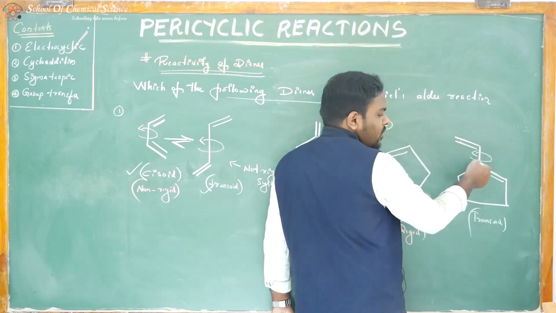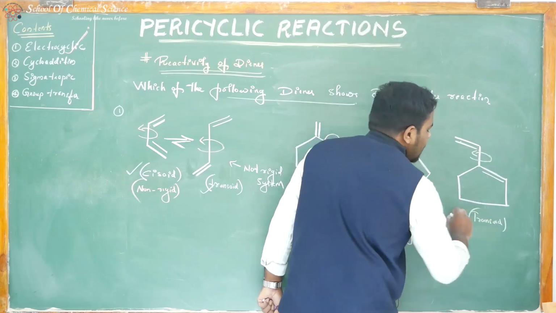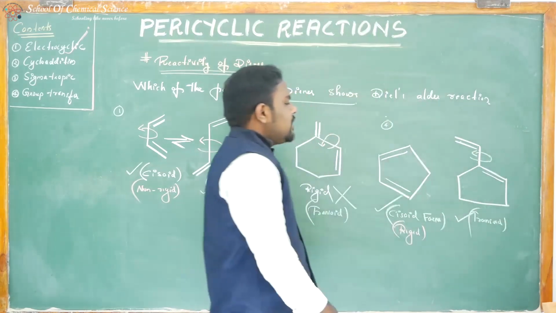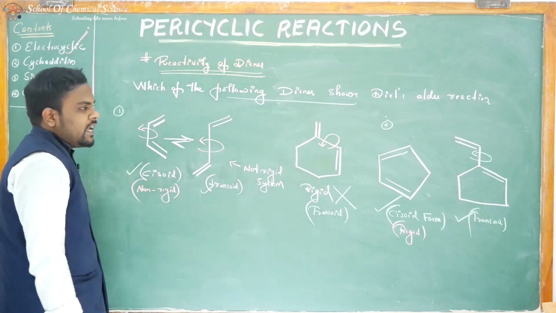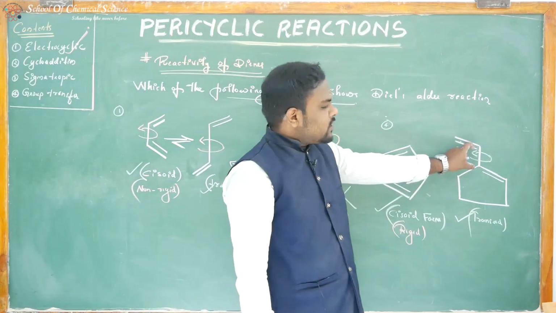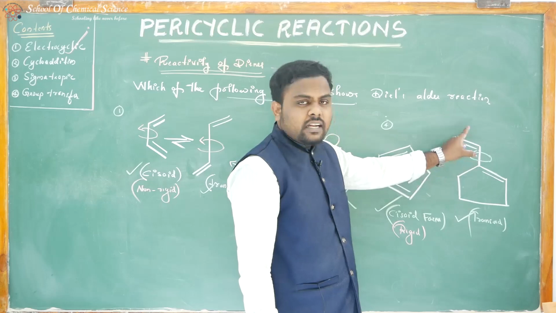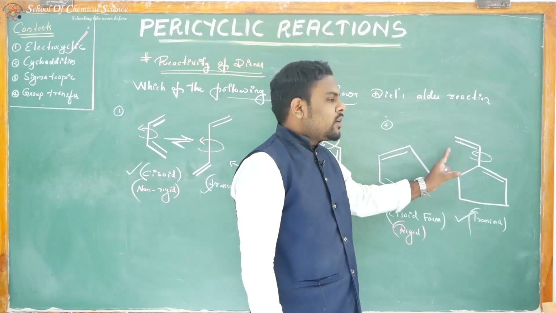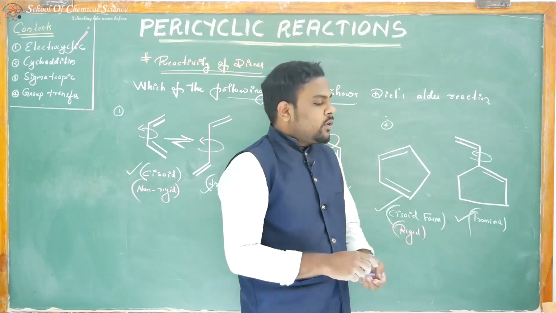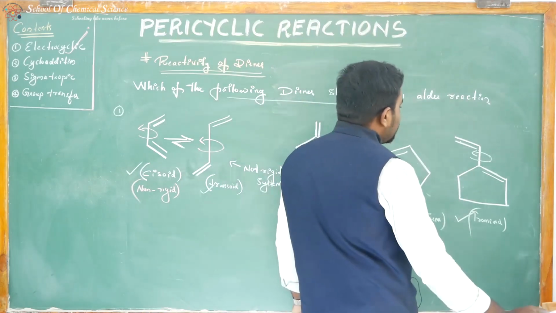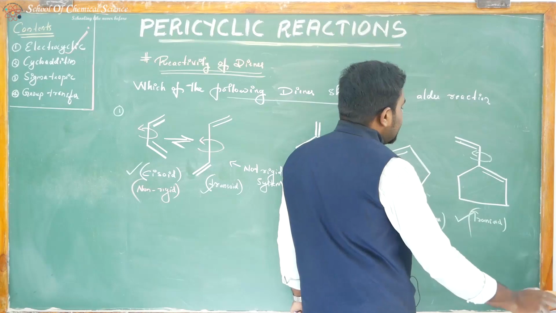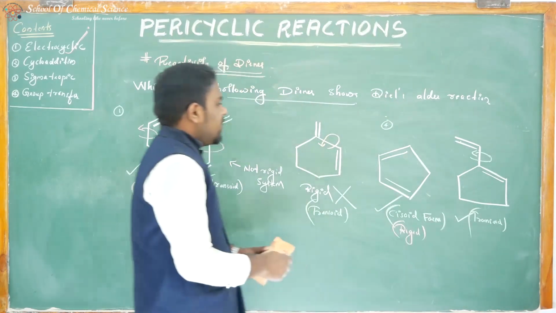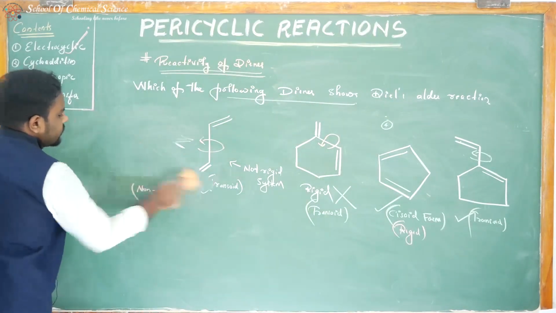So rotation is possible and this will also show Diels-Alder reaction. Why? Because this is an exocyclic single bond. So here rotation is possible and this will also convert into the more favorable cissoid form, and that will also show Diels-Alder reaction.